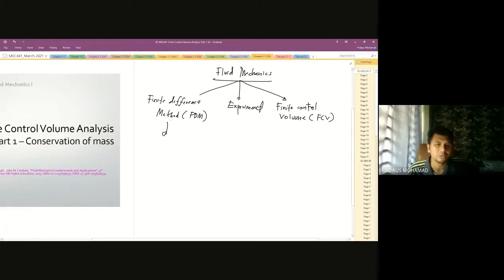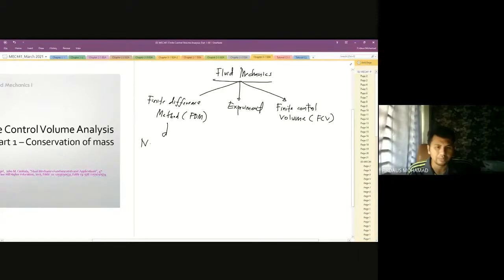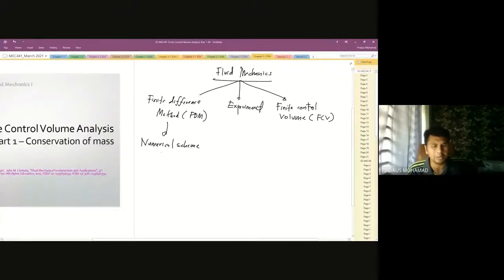For the finite difference method, of course we need to use a numerical scheme. What is a numerical scheme? Nanti you akan belajar numerical scheme. Ada finite difference, ada banyak method untuk numerical scheme. So this scheme, this approach is used in order to solve for the finite difference method.